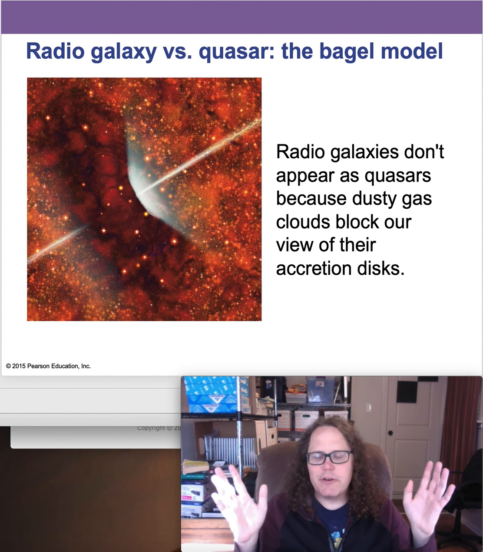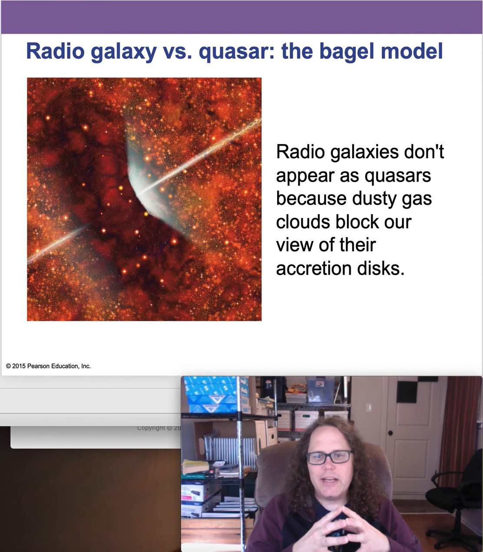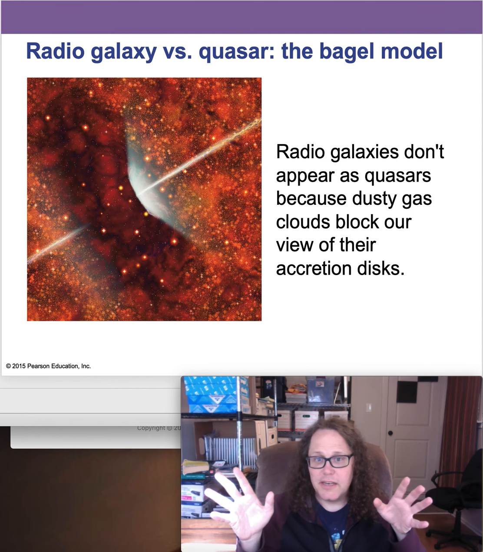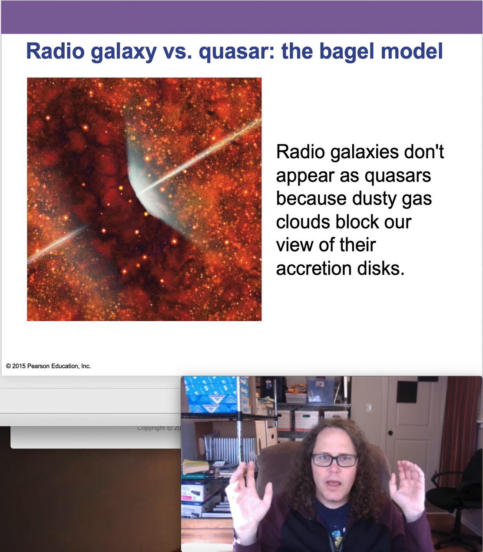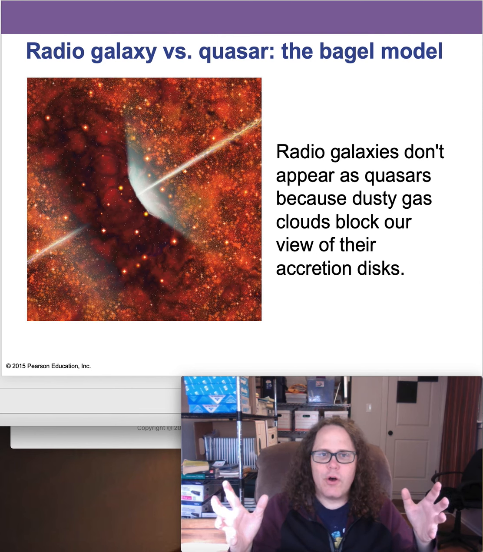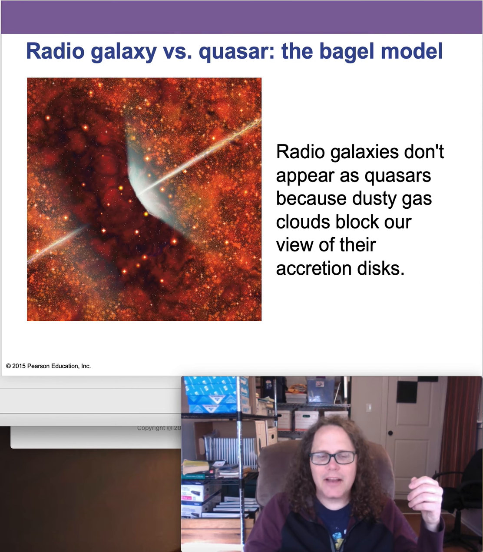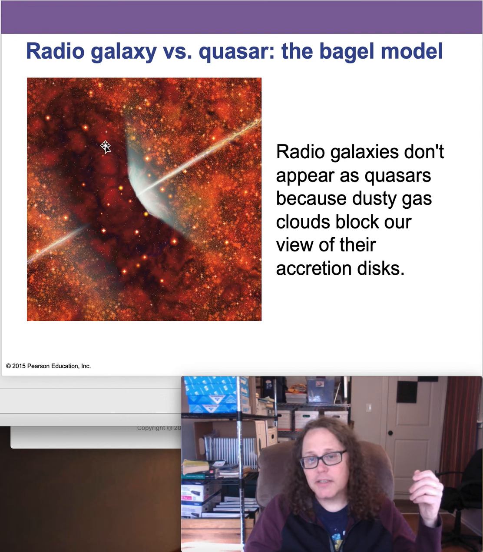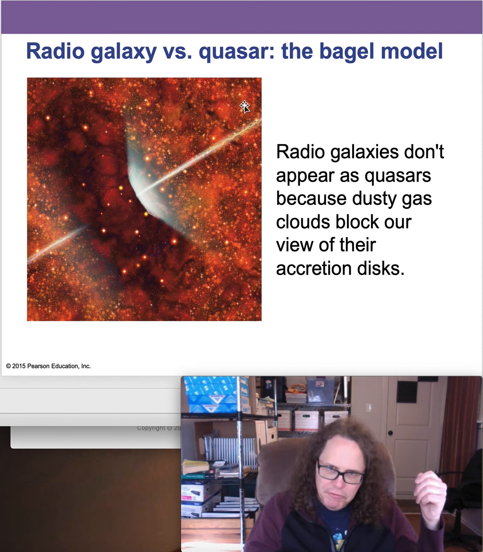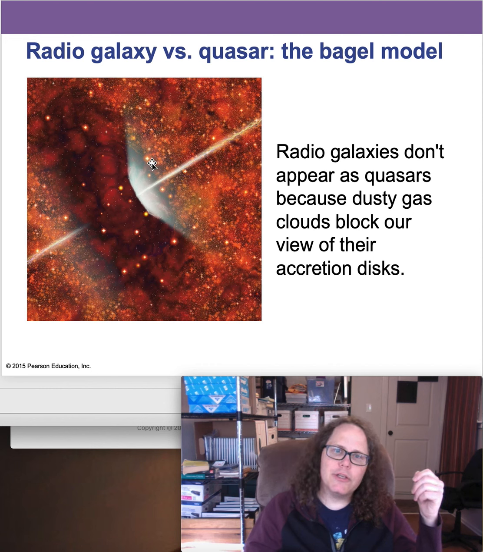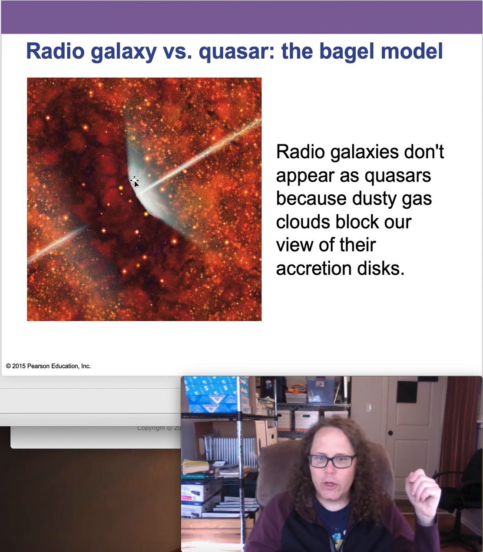I made a mistake in my terminology. Radio loud AGN are not quasars necessarily. What you're looking at here is called the bagel model. An active galactic nucleus has an extremely bright center, 1 trillion times the luminosity of the sun, but it's surrounded by a bagel-shaped cloud of dust and gas. If we happen to be looking right down into the bagel, we're going to see the quasar.